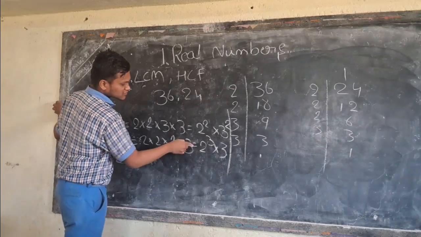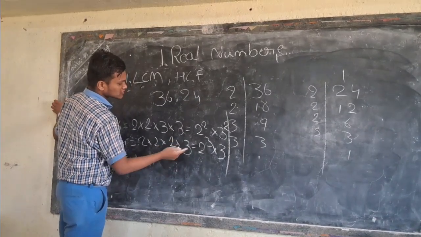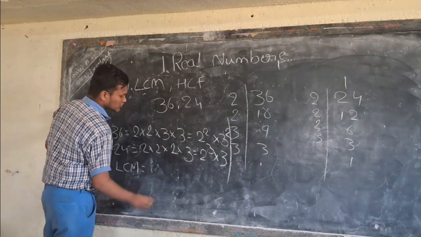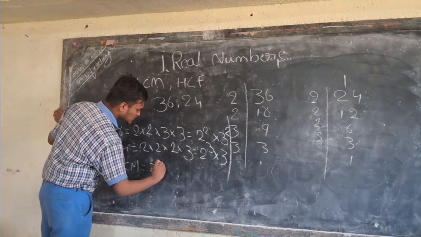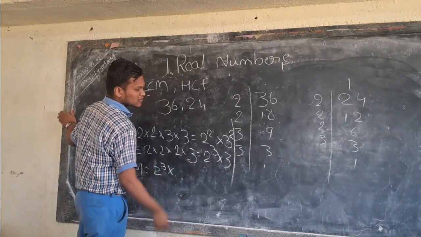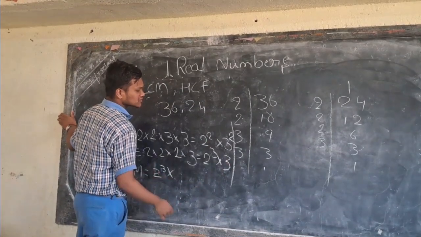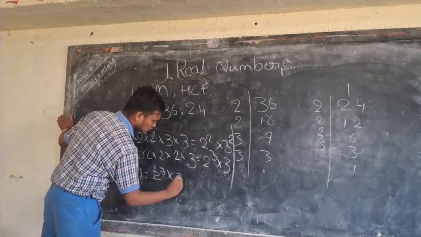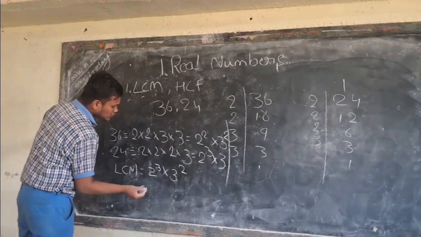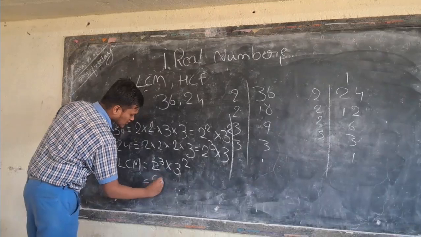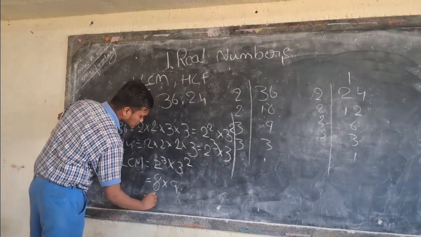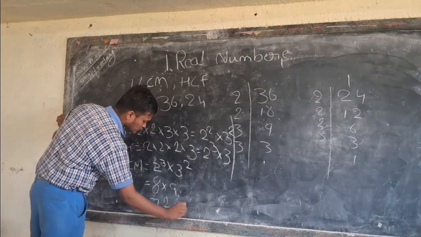And here in LCM, 2 is common. Which power is more? 3. Then take 2 raised to power 3 into, and here 3 is common. Which power do you take, this or this? Upper side? Yes. Good. Then 2 cube is equal to 8 into 3 square is equal to 9, 8 nines are 72.